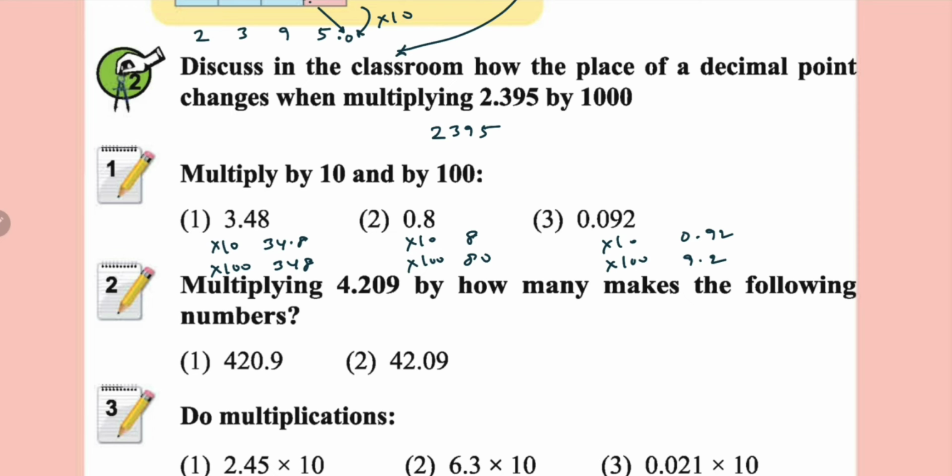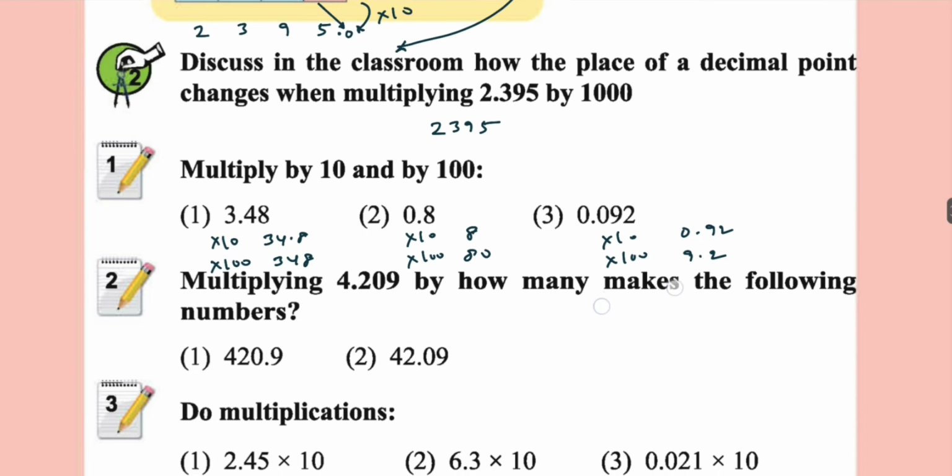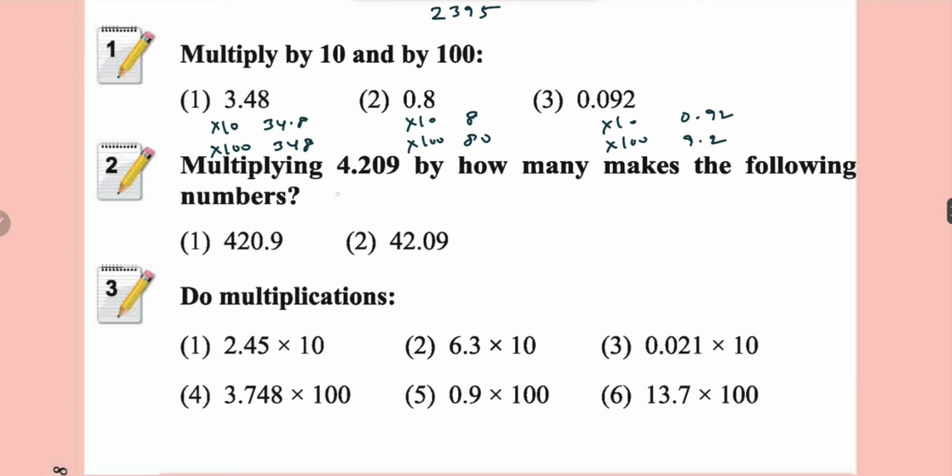Multiply 4.209 by how many makes the following numbers? Oh, that is simple. 420.9 by 4.209. That is the first question. So see the number of digits after the decimal point. Here are 3, here it is 1.